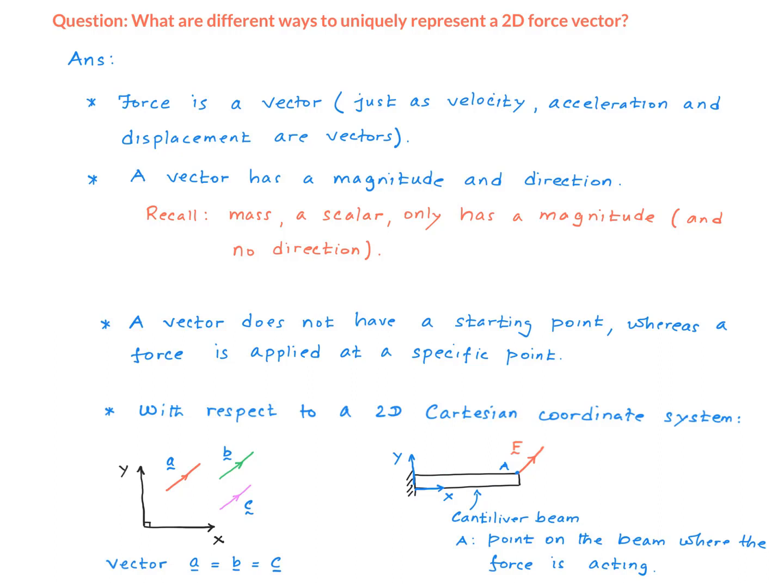On this picture here, I have a cantilever beam subjected to a force at a certain point A. So you can see we're starting to talk about a point where the force is acting, right? We'll address the question of how to add two force vectors in a different video, but for now, it's sufficient to know that force is a vector and it can be represented as such.